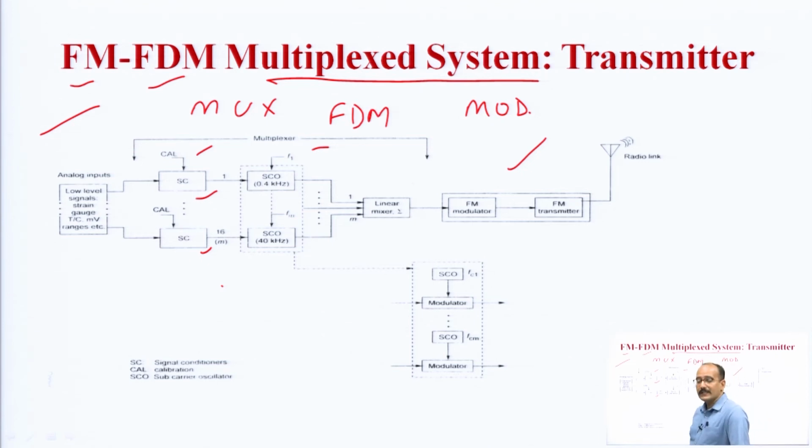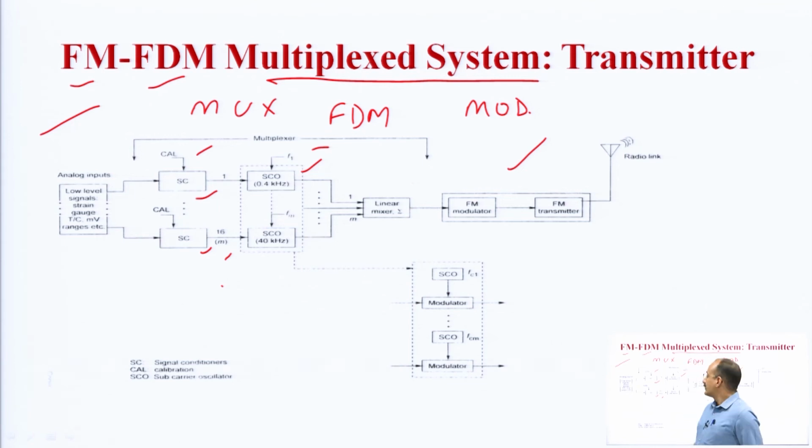It means in frequency division multiplexing, the available channel is divided equally among these 16 sensors, meaning each sensor is going to transfer on a specific frequency region, and that frequency region is achieved by using this subcarrier oscillator.